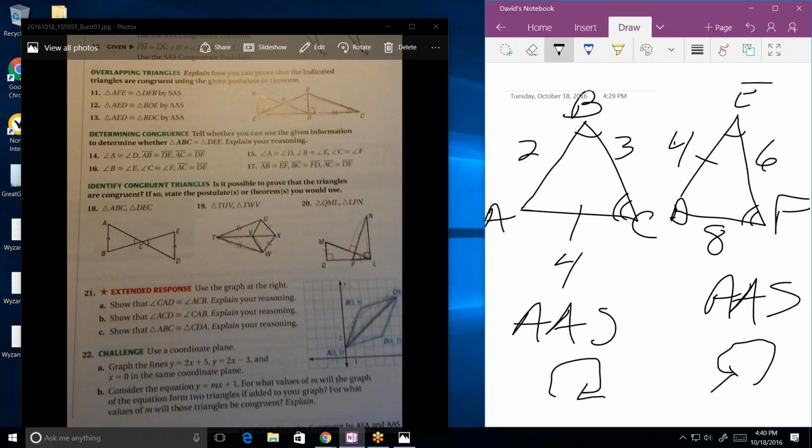And you know what I mean by clockwise and counterclockwise. Yeah. Because this one on the right, it's angle, angle, side, but only if you go counterclockwise. This one on the left is angle, angle, side, but only if you go clockwise.